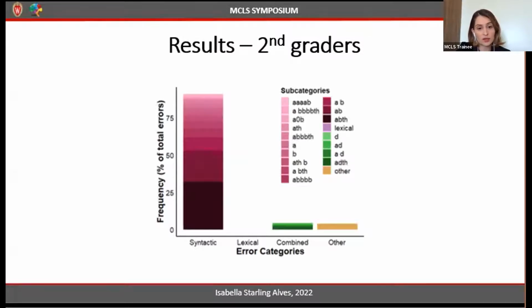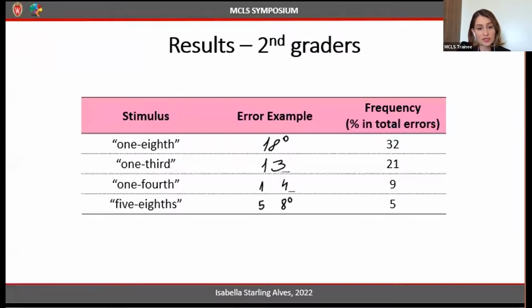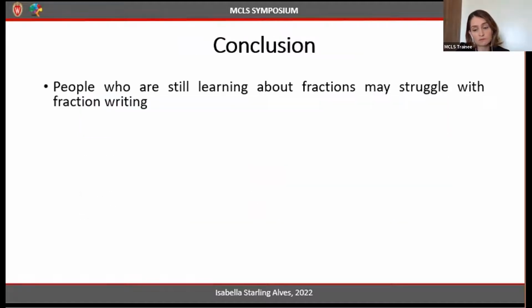Nobody committed lexical errors. So these are examples, and the type of errors children committed were very similar to the type of errors the adults committed. So they would write fractions as a whole number composed of 2 digits, ordinal numbers, whole numbers and ordinal numbers, or 2 different single-digit whole numbers.